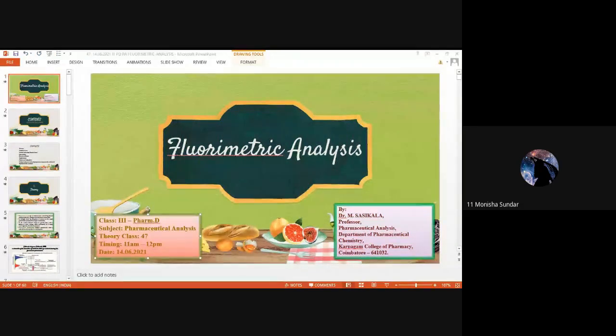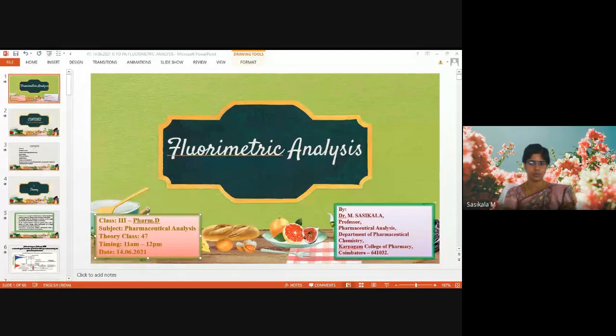UV visible. UV visible spectroscopy. Thank you. UV visible spectroscopy is molecular absorption, and molecular emission is fluorimetry. So we are going to see molecular emission spectroscopy.